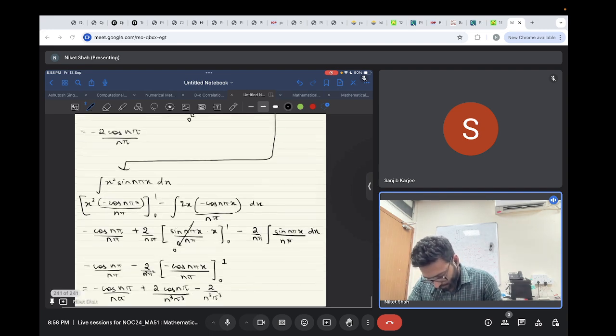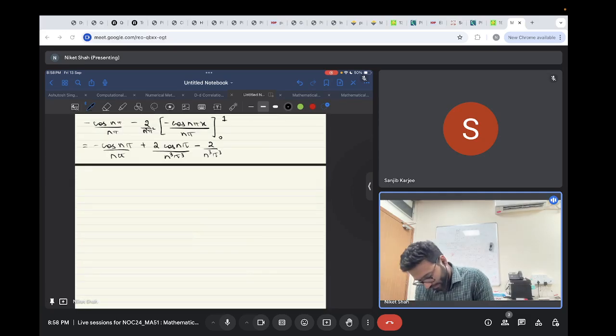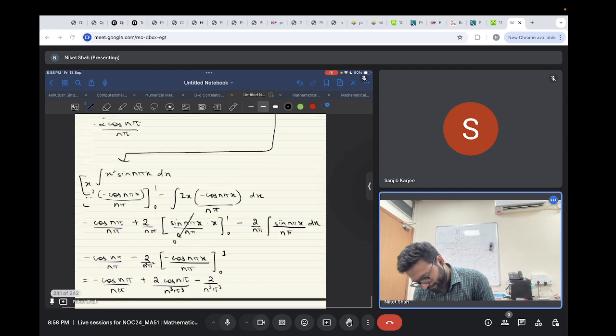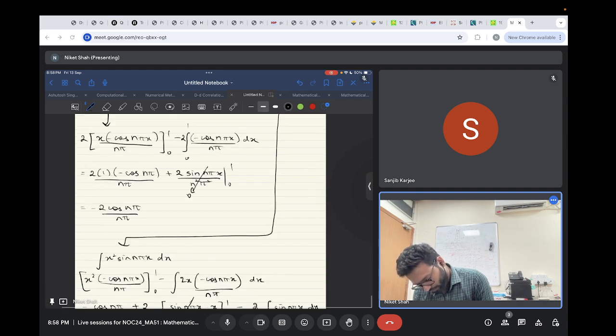Right, so this is what we get. By the way, cos(n pi) is equal to minus 1 raised to the power n, because 2 pi will give me 1, and cos pi will give me minus 1. So cos(n pi) is (minus 1) to the power n. So this becomes minus 2 times (minus 1) to the power n divided by n pi.